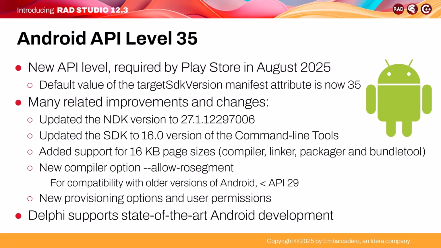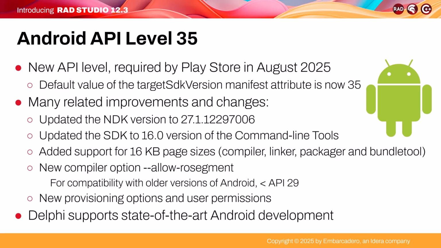For example, we updated the NDK and SDK versions. We added support for 16 kilobyte page sizes for faster system and app performance. We added a new compiler option, allow raw segments, that removes some of the strict rules of the compiler to allow compatibility with older versions of Android prior to API 29.